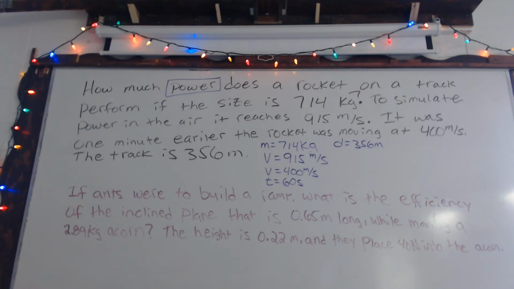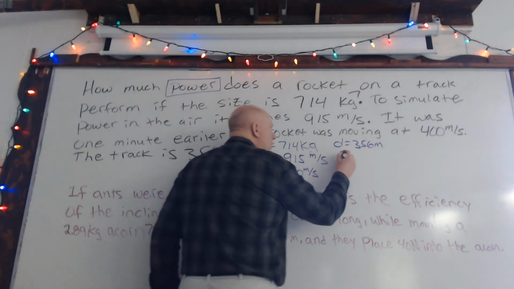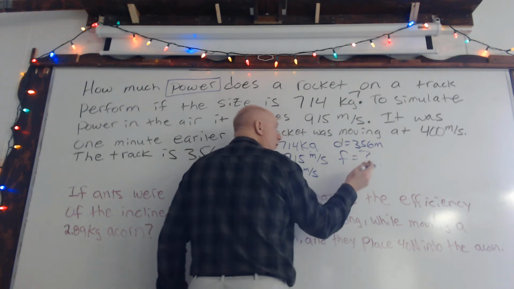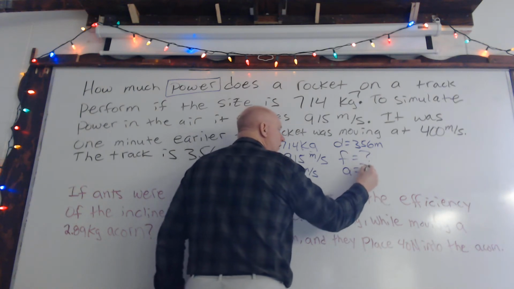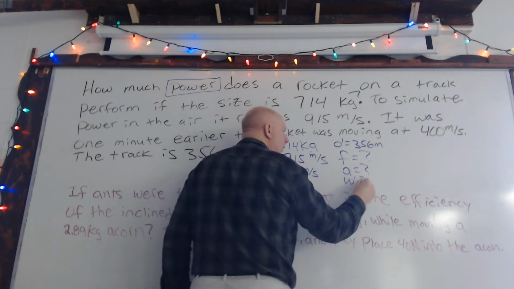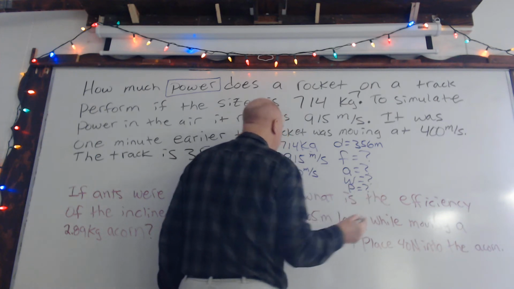Once we find the force, we can find the amount of work done. And then ultimately, once we have the work, we can find the power. So what does that mean? First of all, we need to find the force. And in order to do that, we also have to have the acceleration. And then we have to find the work. Then finally, the power. Okay?